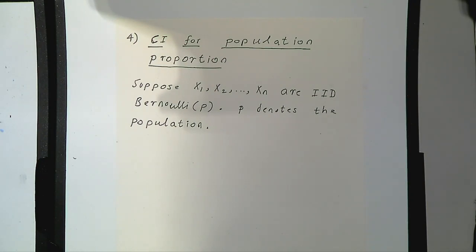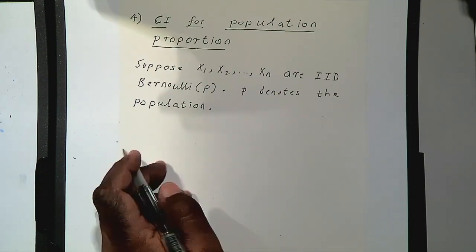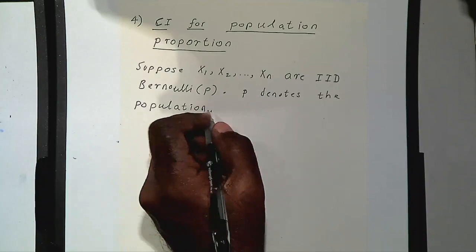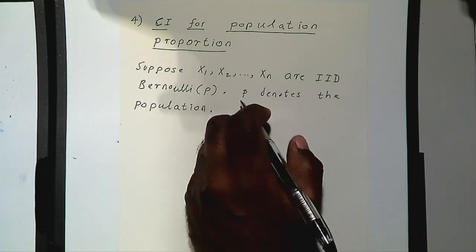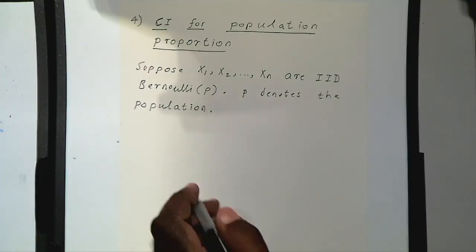And similarly, if you want to know the proportion of people who own a car in the UK, you go and ask everybody whether they own a car or not, 1 or 0, right? And from that you can work out the proportion of people who own a car, and so on. Now, we want to construct a confidence interval for p, right?